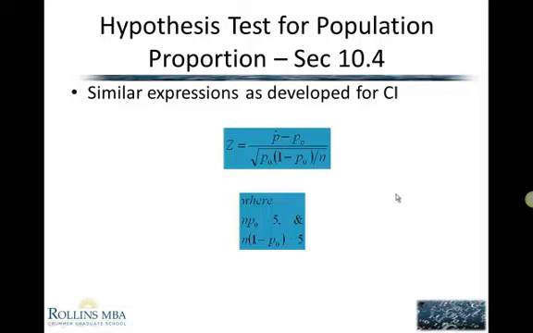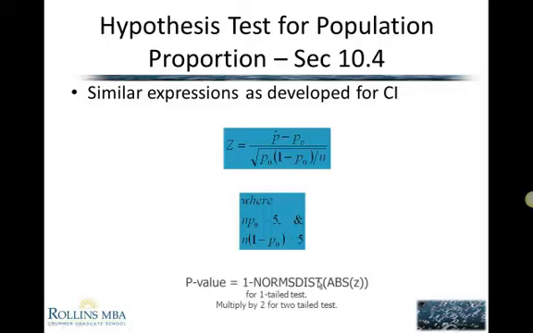How many standard errors is our sample proportion away from our null proportion? And then we would use the norm.s.dist formula to find the p-value from this, the probability of being at least as far away as the sample in question. So in this case, we take our z-value, and again, just to make it generic to whether or not the z-value is positive or negative, I use an absolute value here, and I treat it as though it's a positive z-value.